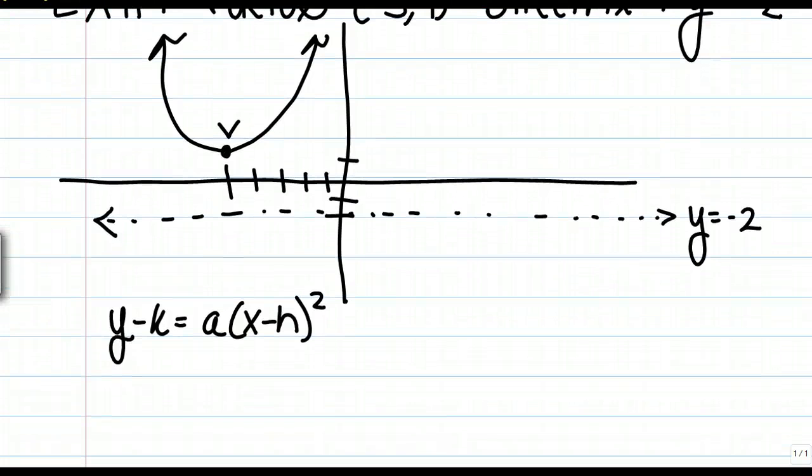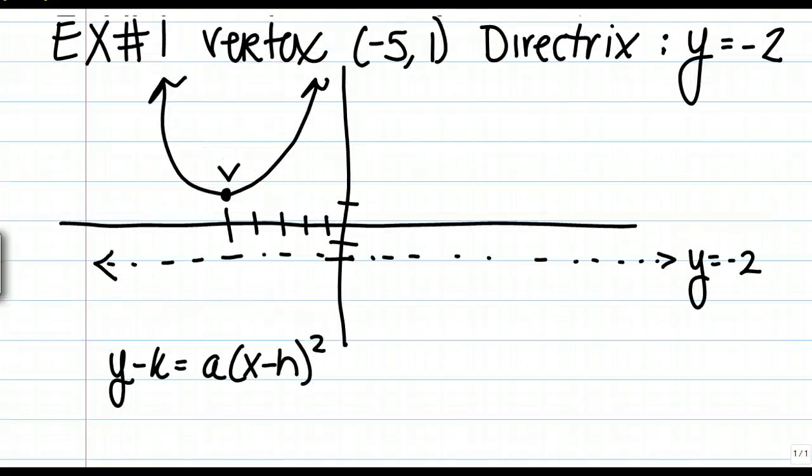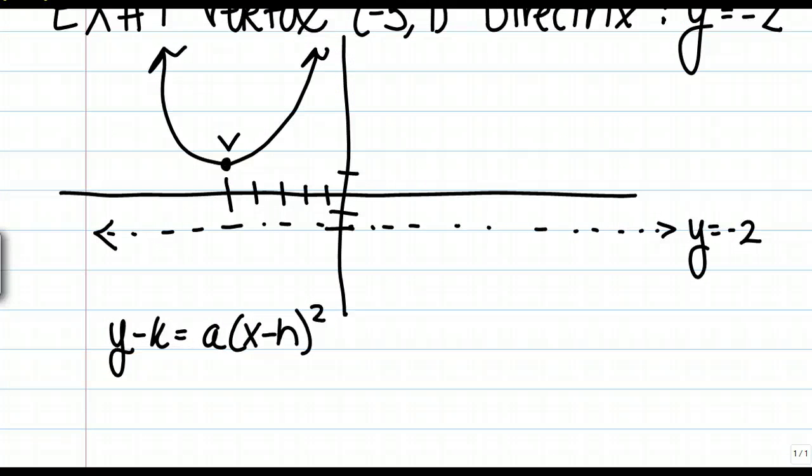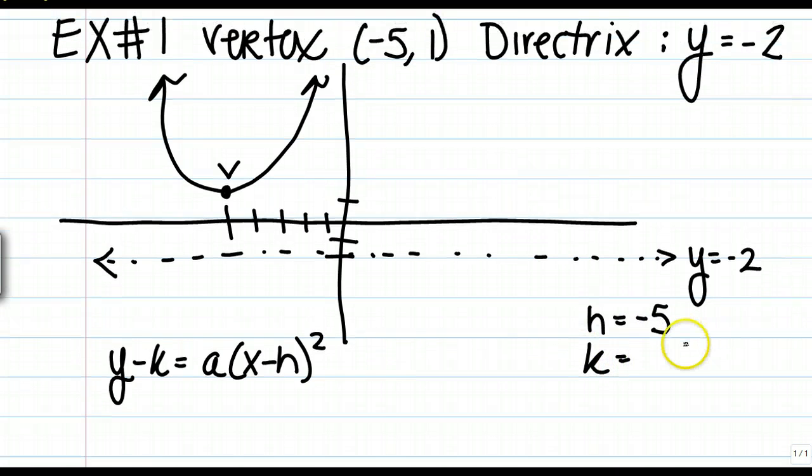Now if it's asking you to write an equation and it only gives you these two pieces of information, let's plug in what we know. We know that our h for our vertex was -5, and we know that our k is 1.